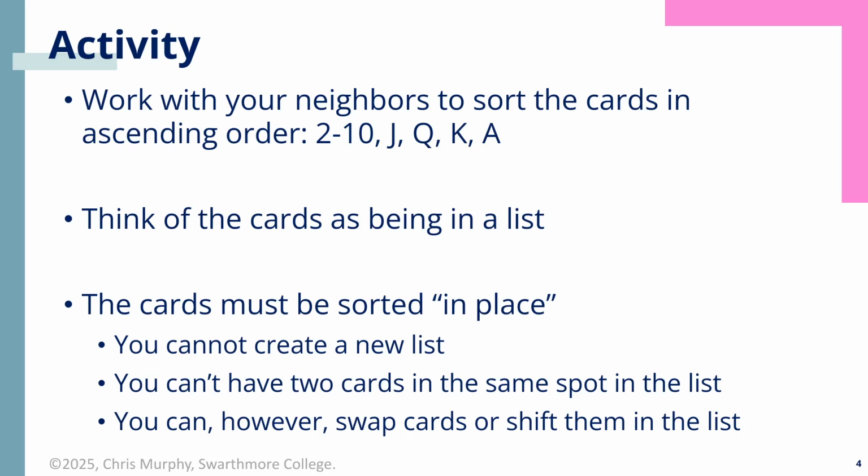If it's already sorted, coincidentally, when you get them, just mix them up. So think about how you would sort them, but you can't pull the smallest one, then pull the next smallest one, because that's creating a new list. So how would you move them around?